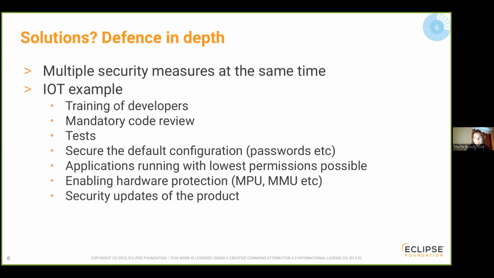My proposal: a security principle of defense in depth. What does it mean? It means that we use multiple security measures at the same time, so that if we have one layer that has a hole and that hole could be used by an attacker, there's another layer protecting the device.